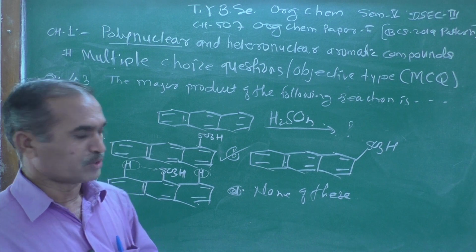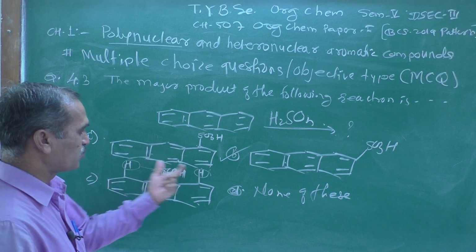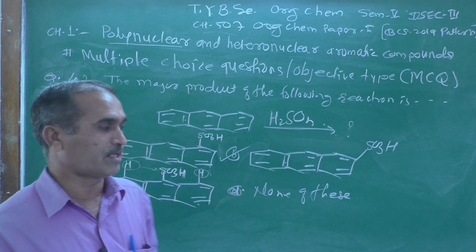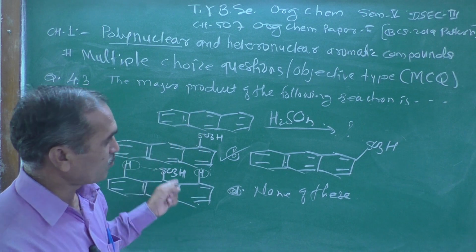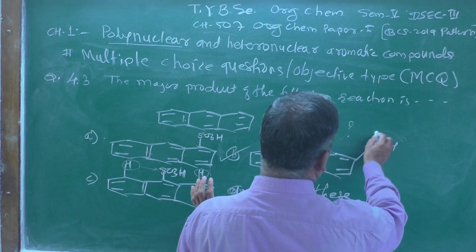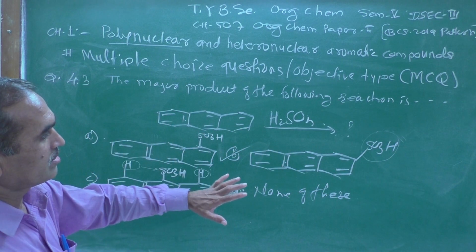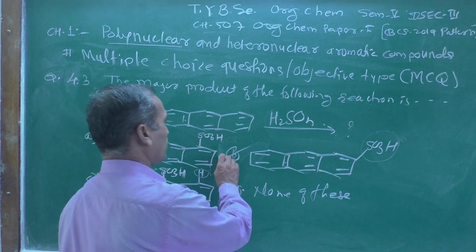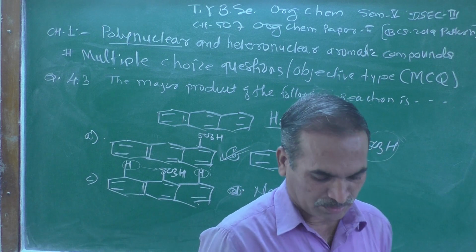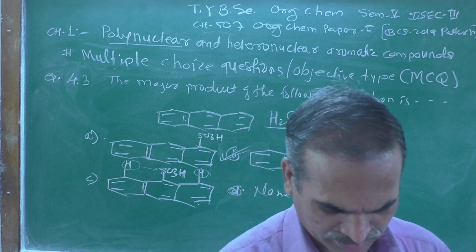Due to this steric interaction, these two hydrogen atoms, like bodyguards, do not allow sulfonic acid at the 9 position. Instead, the electrophilic substitution occurs preferentially at the beta position, and that is the reason we get sulfonation at the 2 position, or beta position. So this is the compound we got.